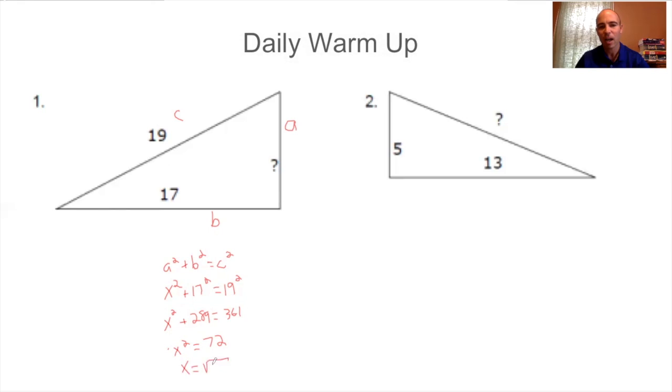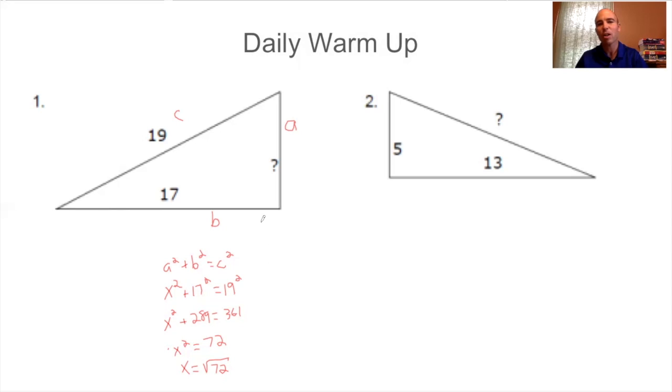Now, I think what I need to do here is take this as an opportunity to review simplifying radicals, because I know the Pythagorean theorem was no big shakes for you guys, but simplifying radicals may have been. So anyway, let's do this.